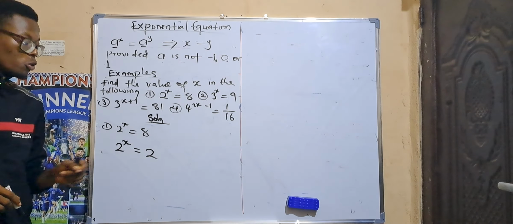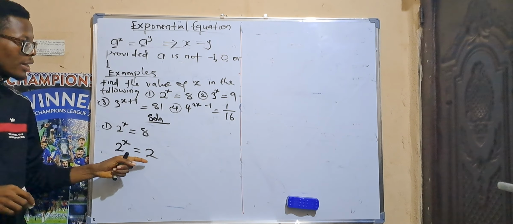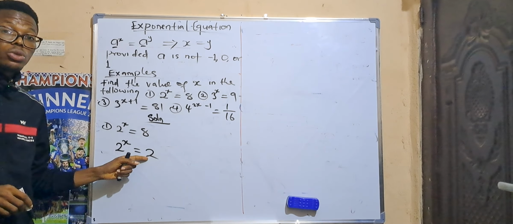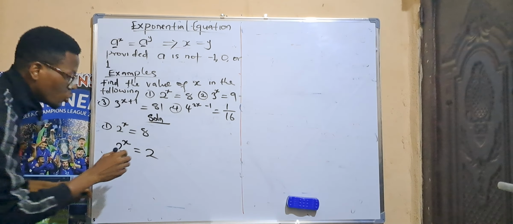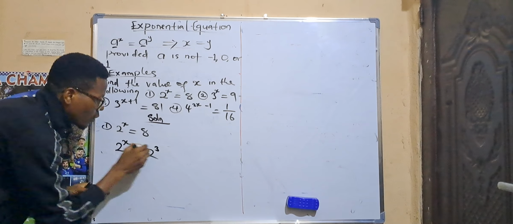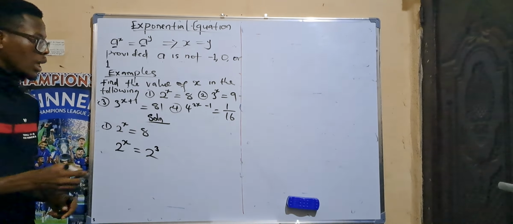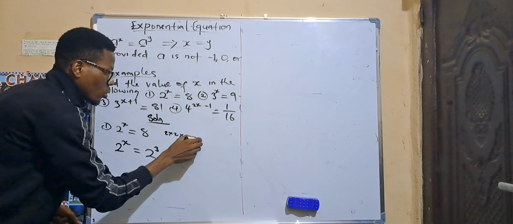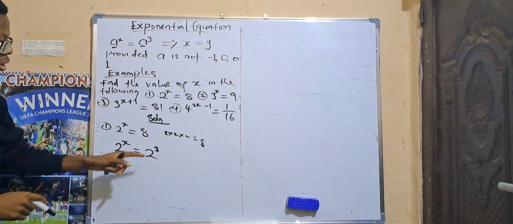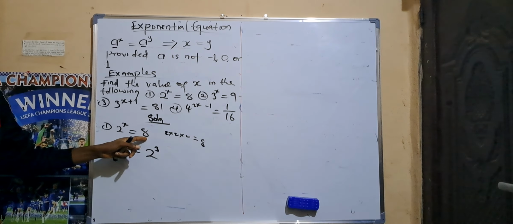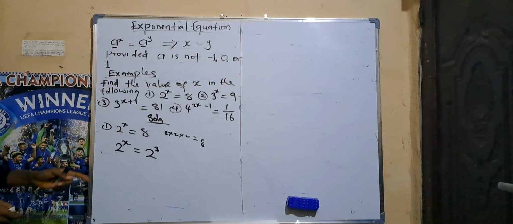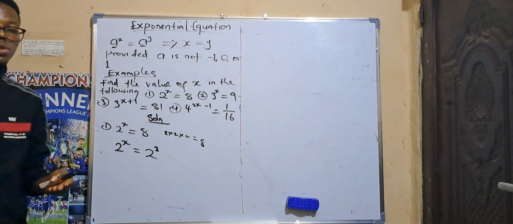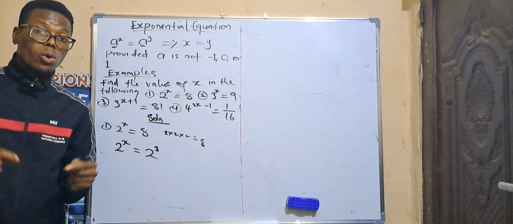What will be the power if we should have 2 as a base, and the value will be equal to 8? If we do 2 raised to the power of 3, that is 2 times 2 times 2, which is 8, right? So this has actually replaced this. Are you seeing it? So what do we now do? From our rules, the powers will now equal each other.